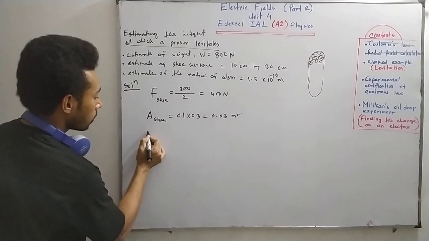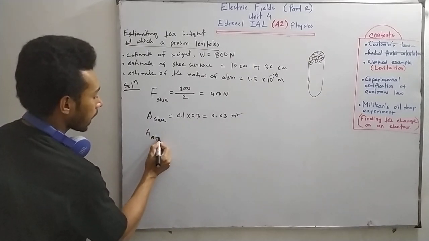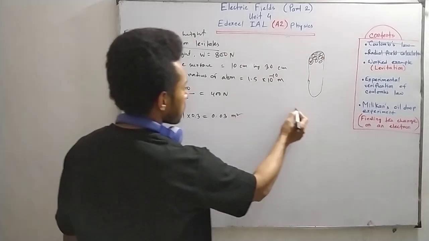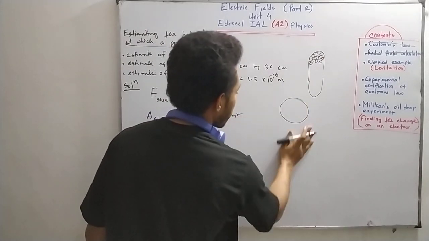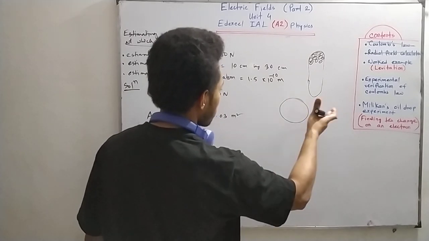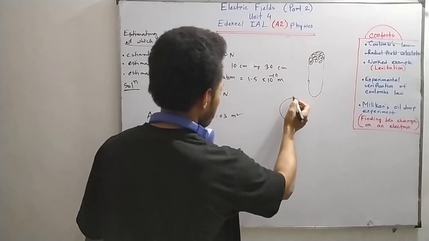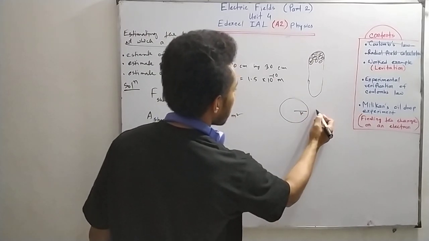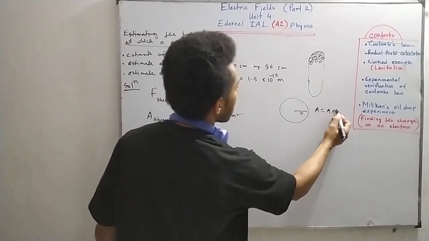Now the cross-sectional area of one atom will be, since the atoms are spherical, the cross-section will be a circular one, and if it has a radius of r, the area will be pi r square.